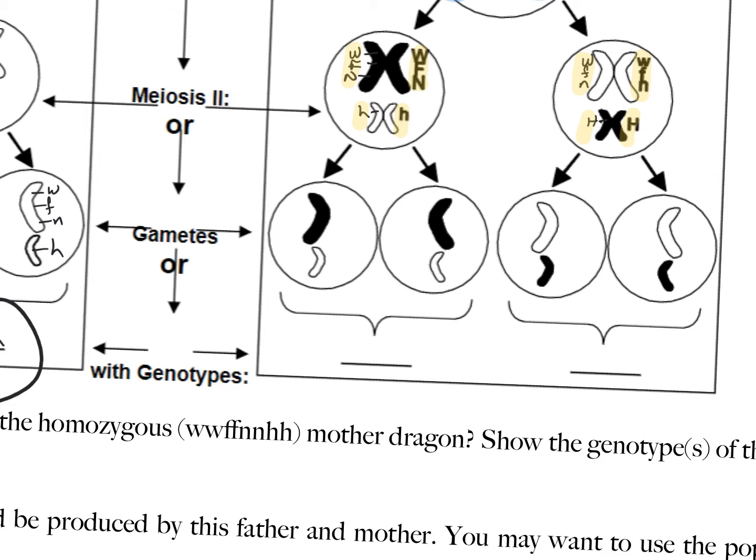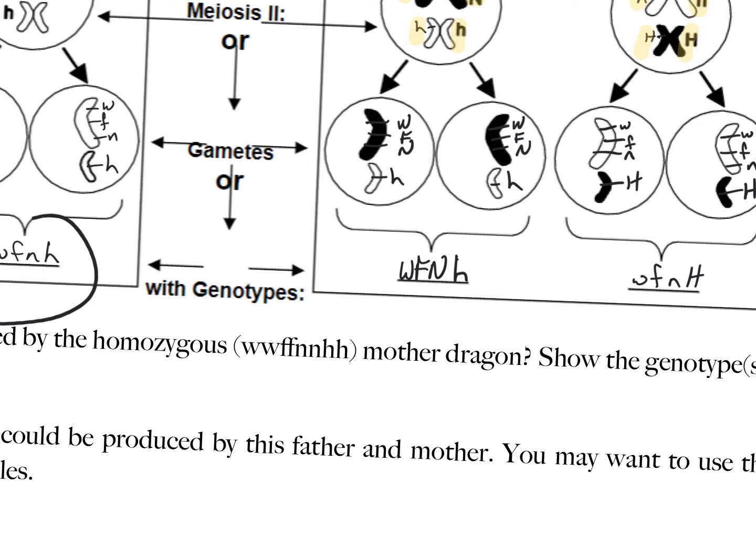So here you have big W, big F, big N, and here you'd have a little h. So you have big W, big F, big N, little h. Or you can have little w, little f, little n, big H. So these are 4 different phenotypes.